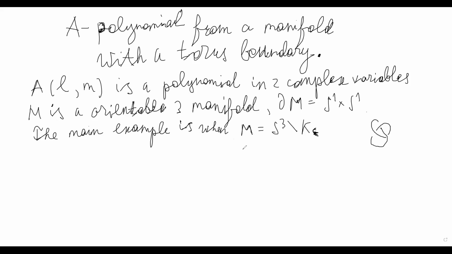For example, the ones which are complements to a knot in some closed manifold. So we have a closed manifold and we throw out a knot from it and we obtain a manifold with a toric boundary. Yeah, okay. So let's go further.